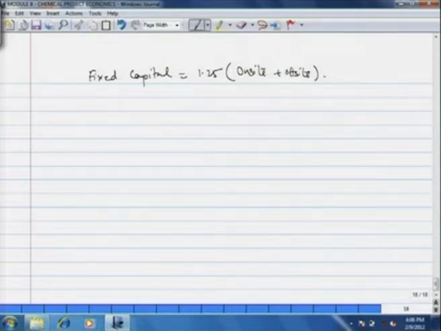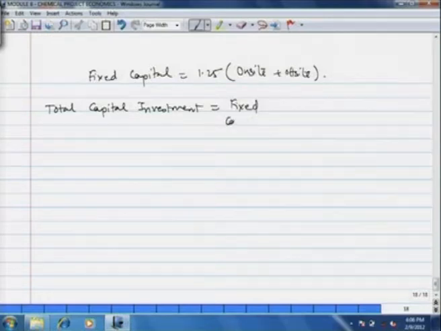Now, total capital investment has 3 components. That is the fixed capital plus working capital.